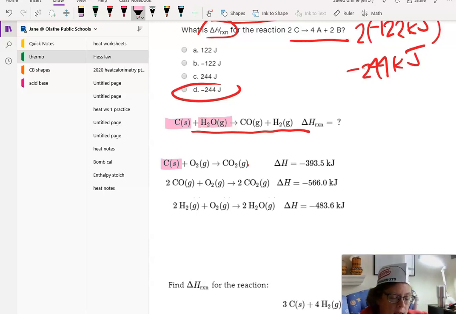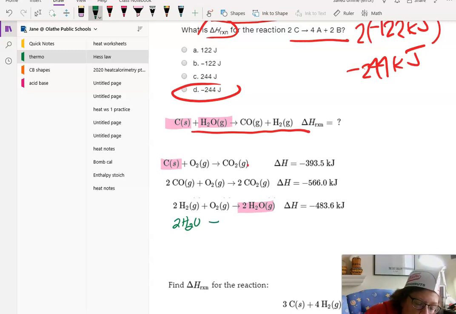Water: here we have water on the product side, and we don't have any water anywhere else. It needs to be on the reactant side because in our equation it's on the reactant side. So we're going to have to flip this. We're going to write 2H2O gives 2H2 plus O2, and we're going to change that sign.